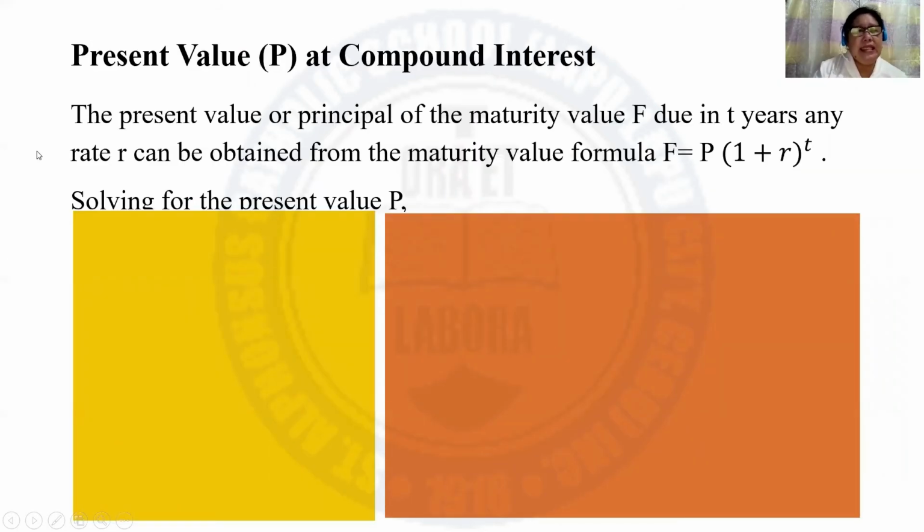Next, let us have the present value represented by P at compound interest.